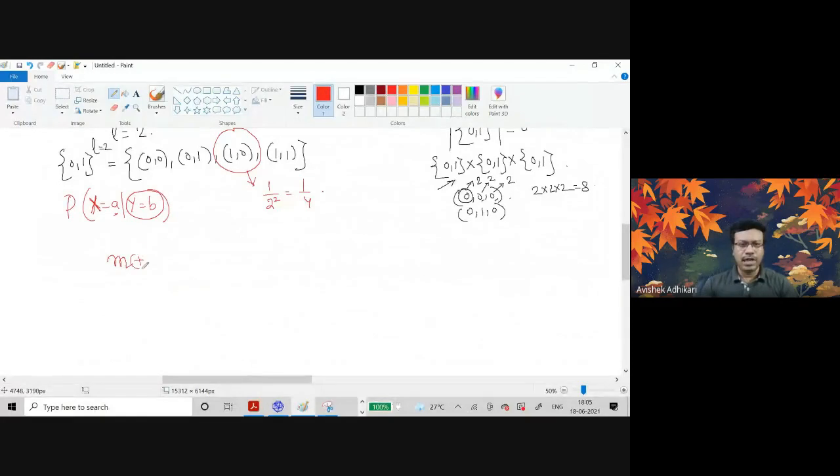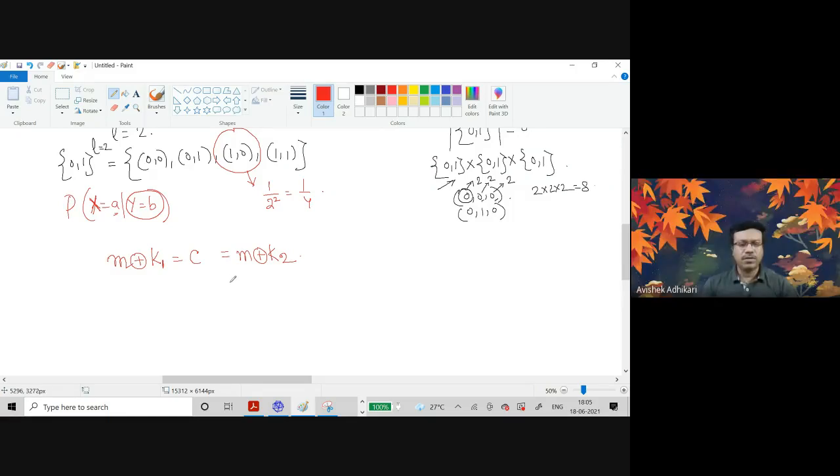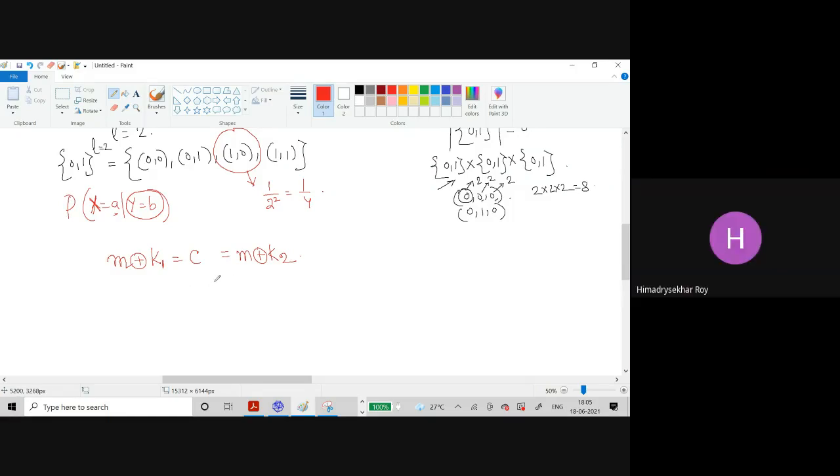So your aim is fixed and you put some K1 and the same ciphertext will be generated, right? For the same M, K2. Is that your question? If that is the case, then what will happen? Sir, if M is also changed, if we change M and K is fixed, so we can get the same C.